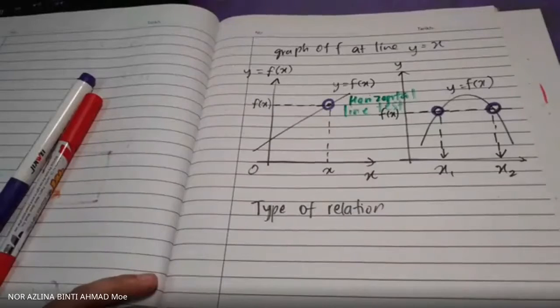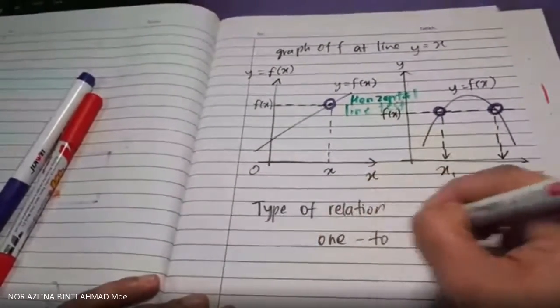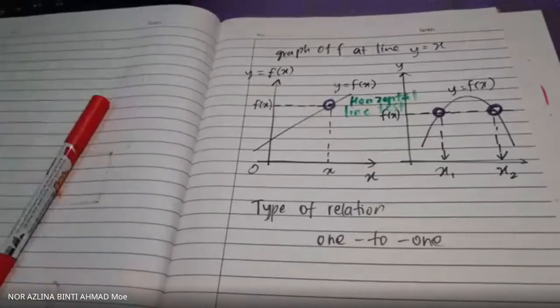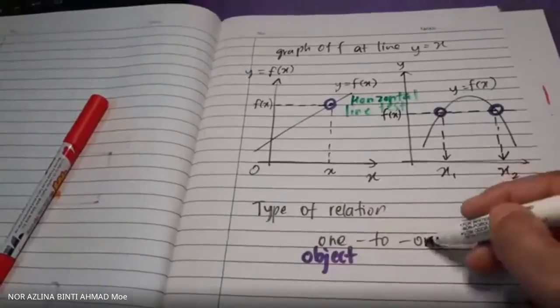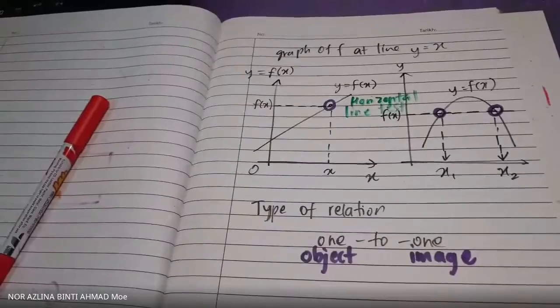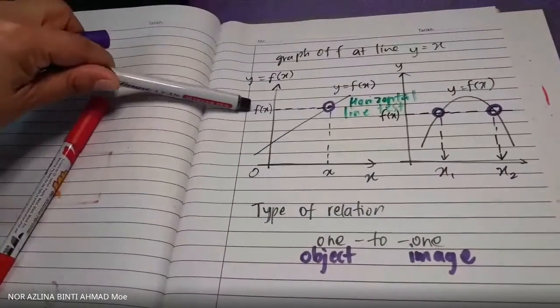Because there's only one point in the horizontal line test. Okay, now if you read the type of relation, this is 1-to-1, right? This is for object, and this is for image. Means from one object go to one image.